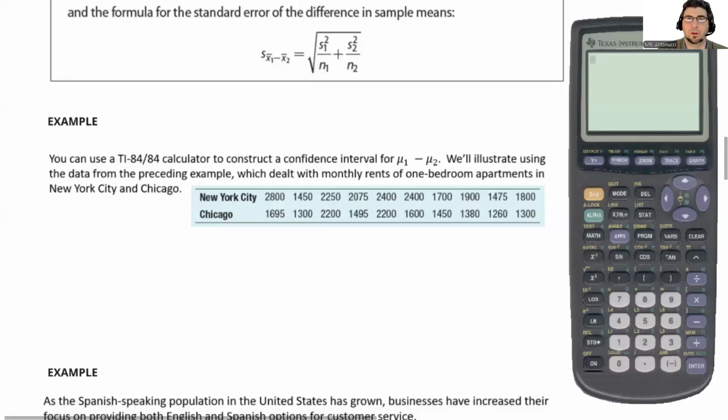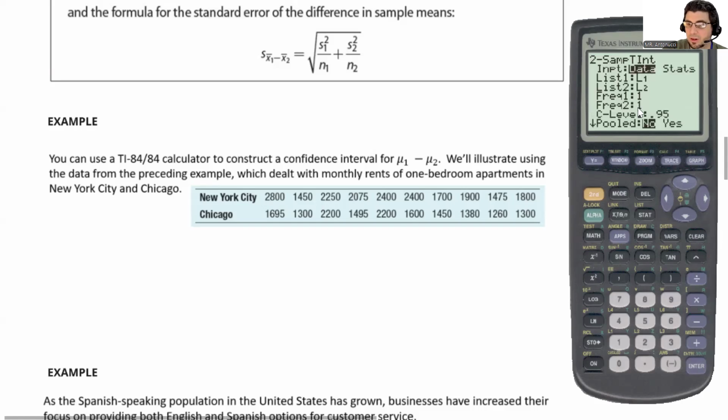So the first thing you want to do is enter the data into the list feature. So hit stat, number one, edit. I already put the two lists in here to save time. So then you press stat and then tests and then 2-sample t interval, which is choice 0 here.